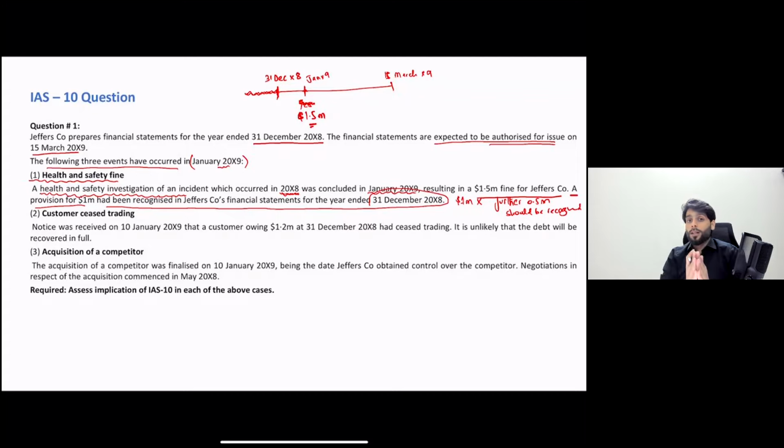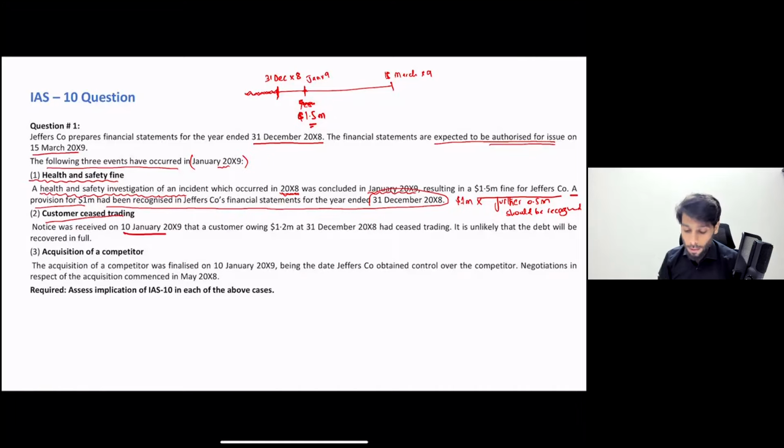If your customer, who is a receivable, actually goes bankrupt after the reporting date, every debtor has an inherent risk of going into default. So if it happens beyond the reporting date, even then it is to be termed as an adjusting event. So it says notice was received on 10th January X9.